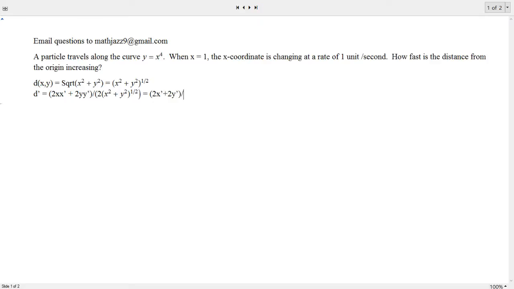And our denominator will be 2 times the square root of the quantity 1 squared plus 1 squared. So that's 2 times the square root of 2.